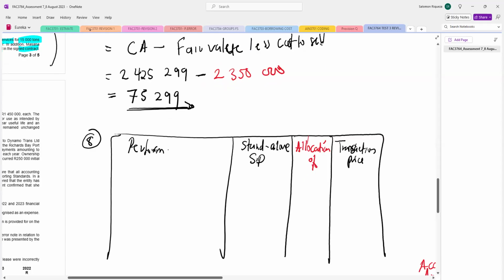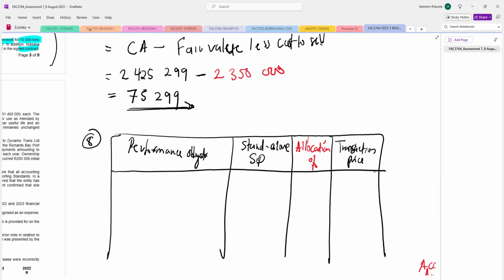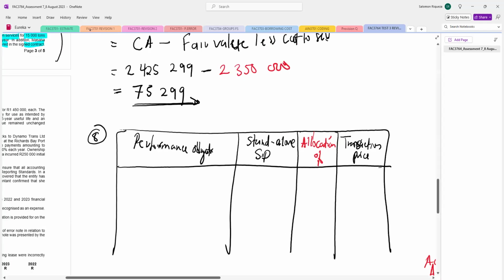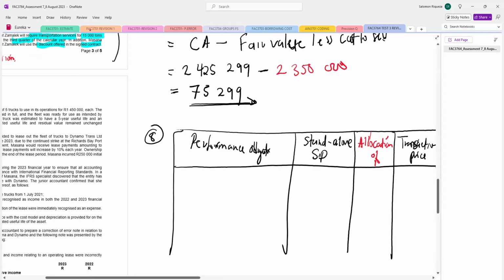When I have more than one performance obligation, it's always advised to do it this way. But it doesn't have to be the table form. Just make sure you understand the calculation. Okay, so I have the transportation cost of the 10,000 tons.